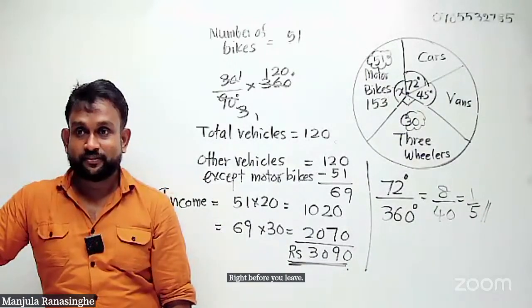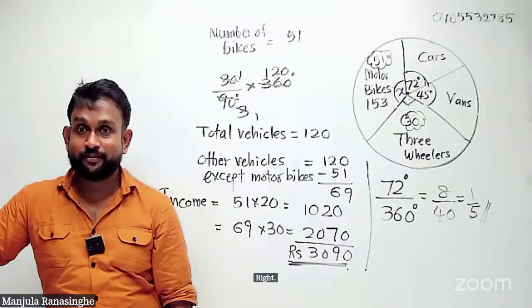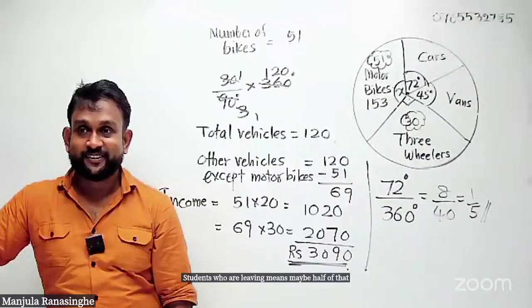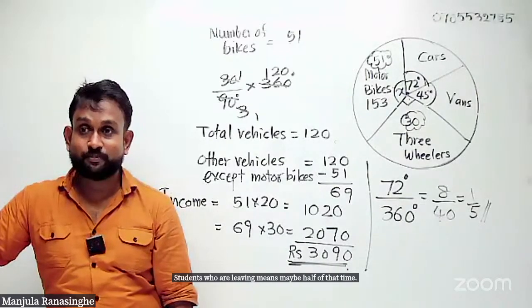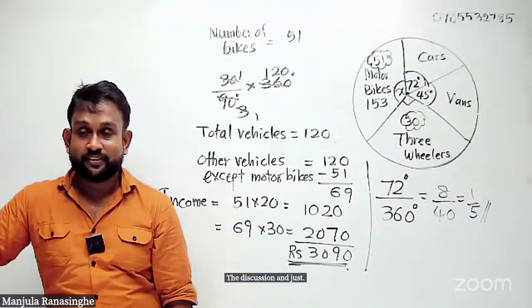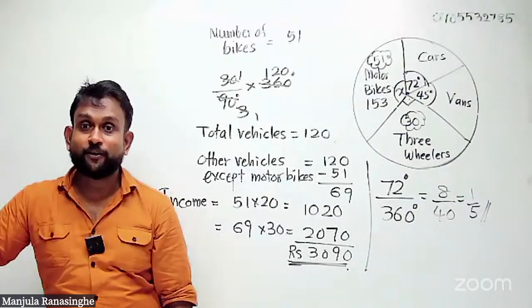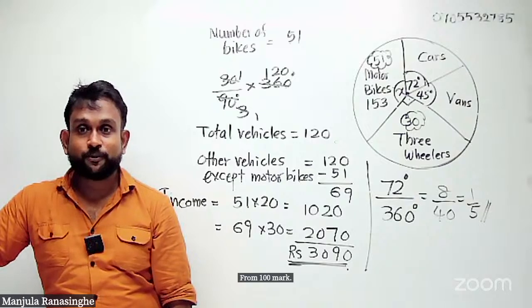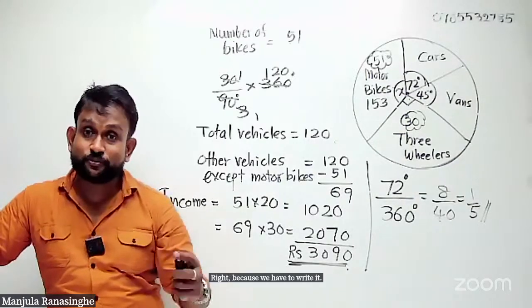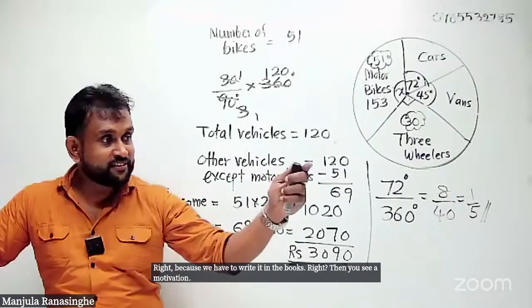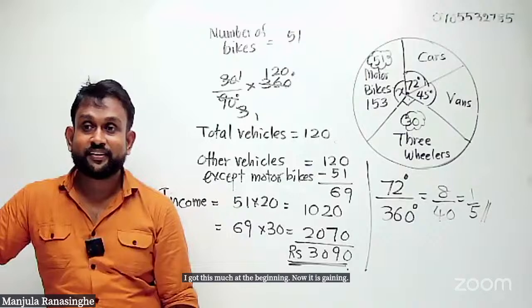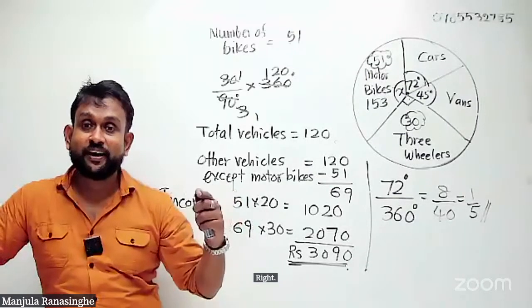The students who are leaving, say maybe half of them are done, just the discussion and passing. You can work out from the total how much out of 100 marks, because we have to write it in the books. Then you see the motivation: I got this much at the beginning, and now it is improving.